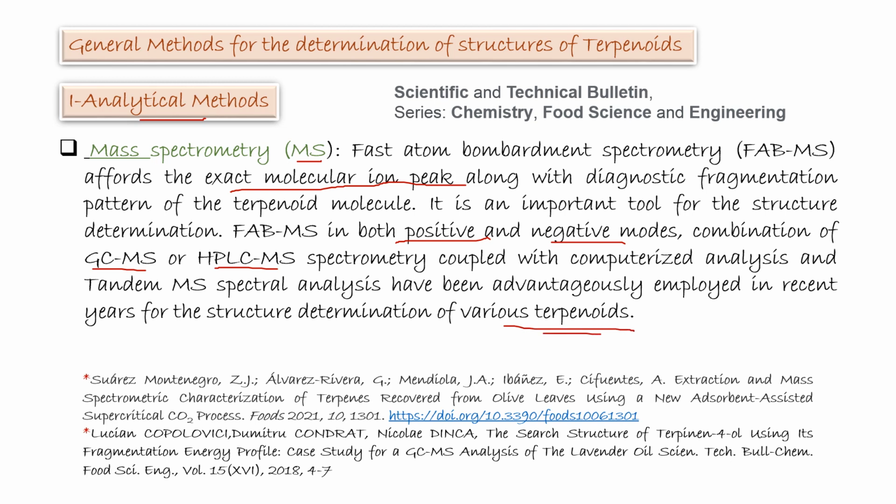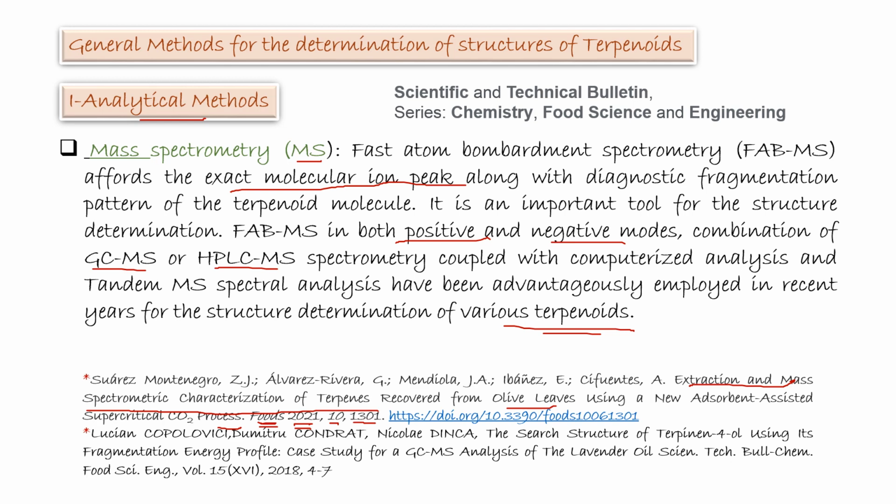You can have a look at extraction and mass spectrometric characterization of terpenes recovered from olive oils using a new adsorbent assistant supercritical carbon dioxide process, published in Foods, year 2021, volume 10, page 1301.